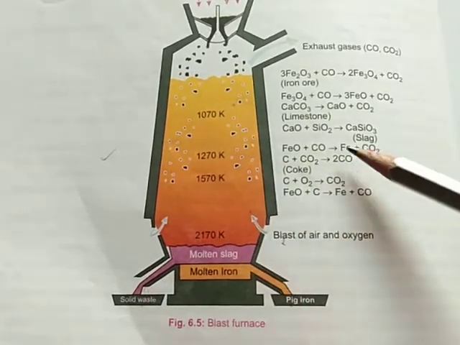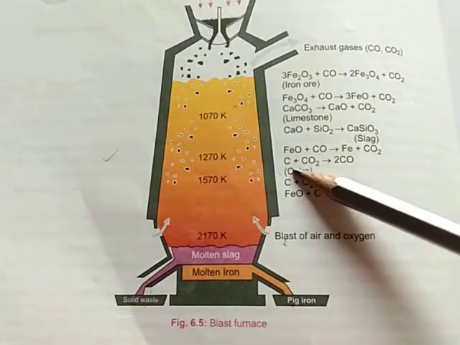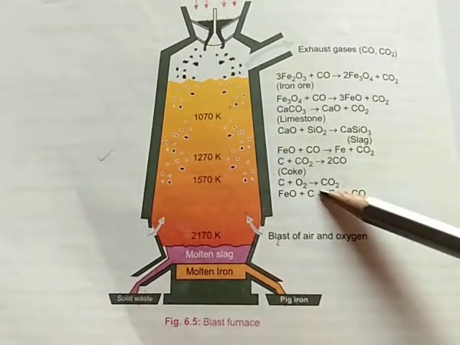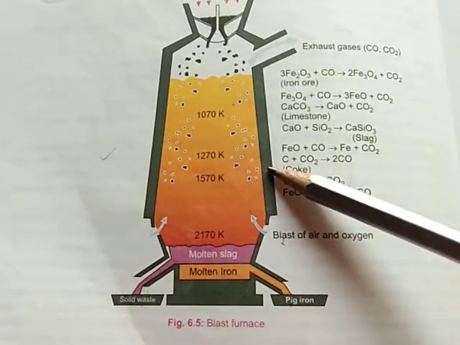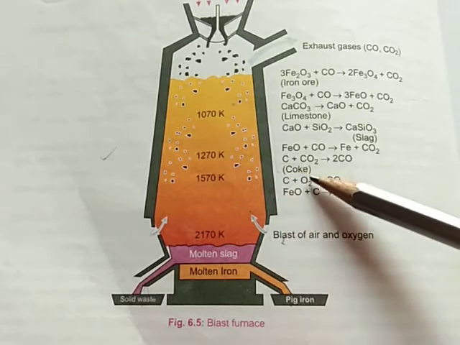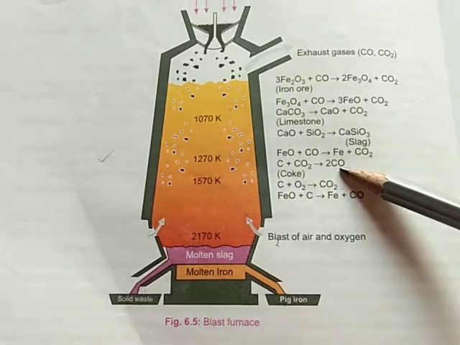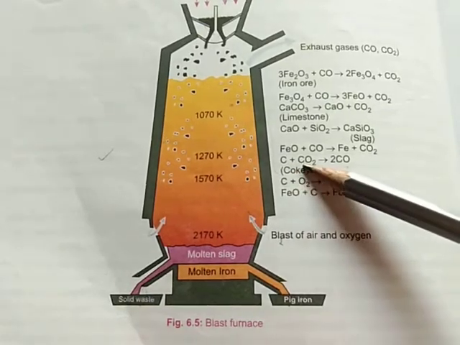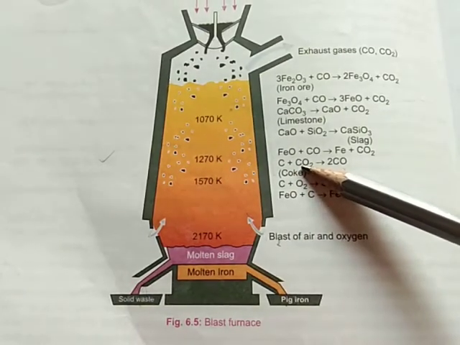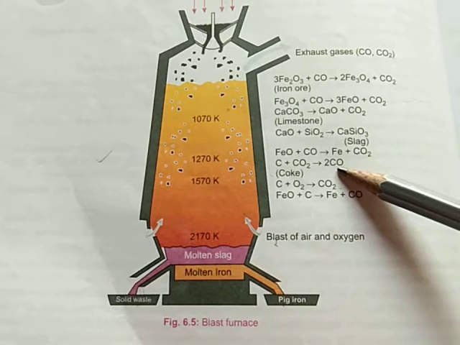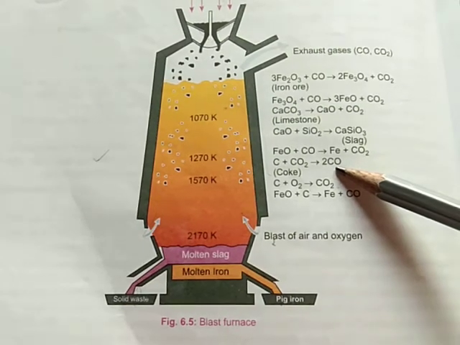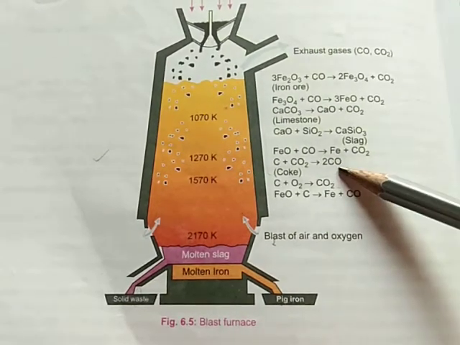Now the next zone is the fusion zone. This CO2 rises upward and is reduced to CO. Means carbon plus CO2 forms CO with the coke.